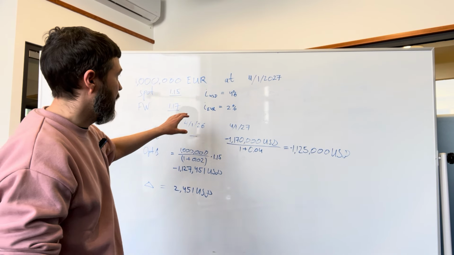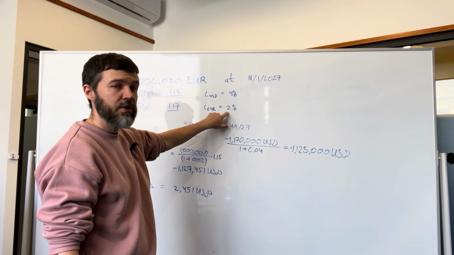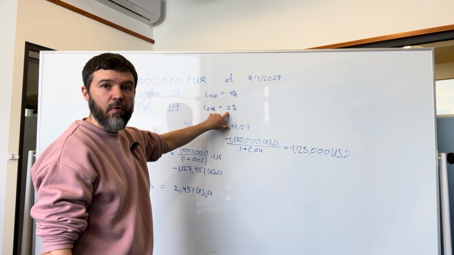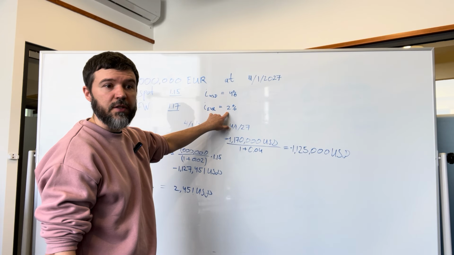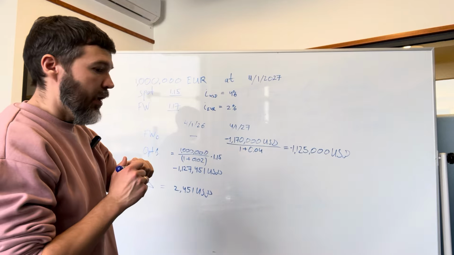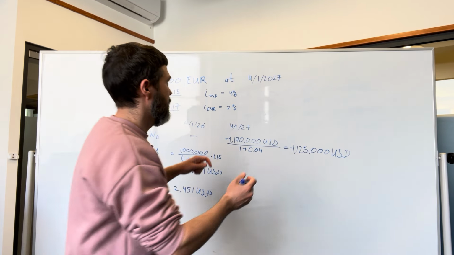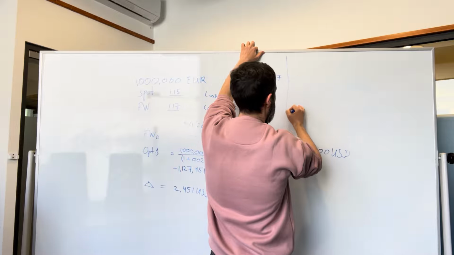But again, we are assuming that 4% in USD and 2% in Euro are both deposit and borrowing interest rates. Okay, let's do the math here in the corner.